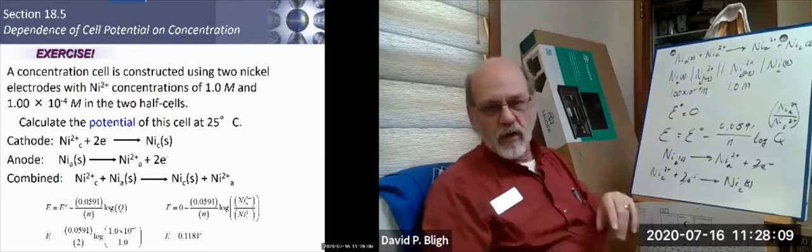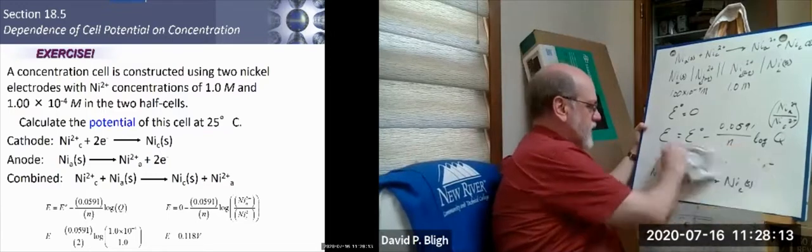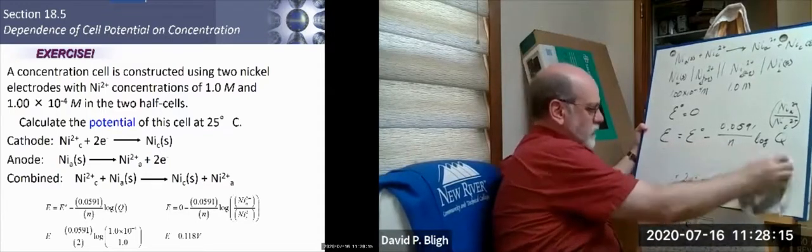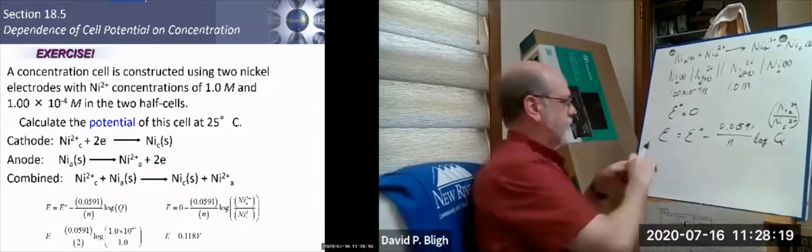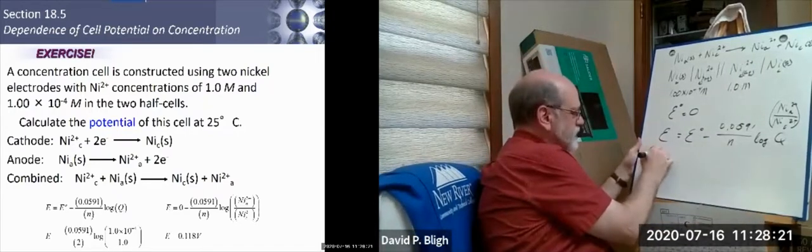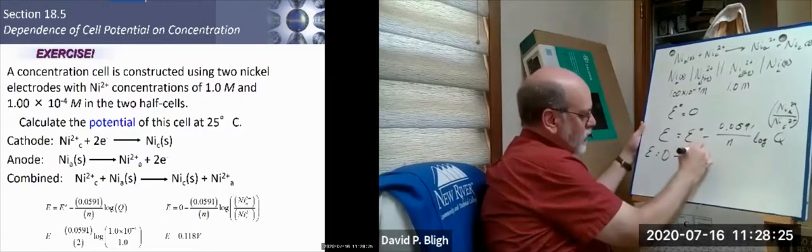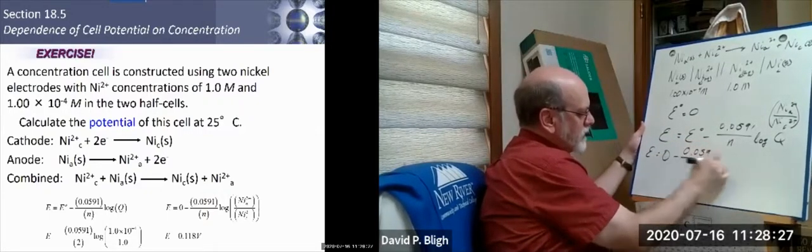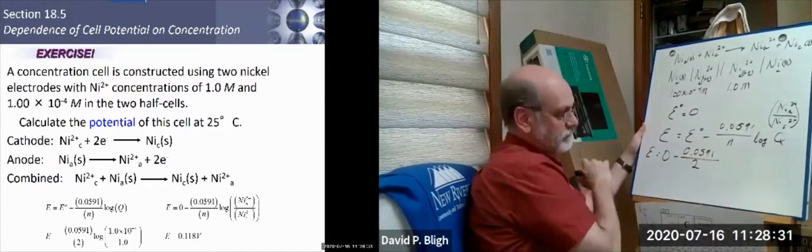Okay, so if we plug in the numbers, which I'll have to erase in order to make room, then this is equal to 0 minus 0.0591 divided by 2 moles of electrons, okay?